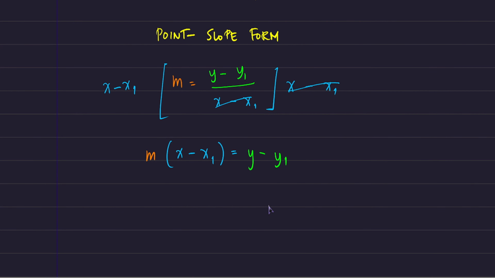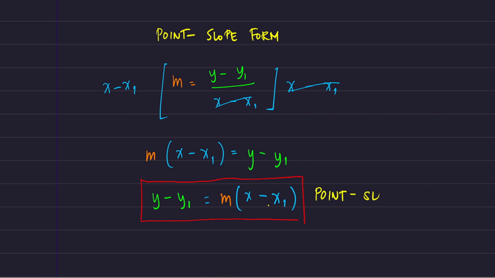If we are going to flip the left-hand side and the right-hand side, pagpapalitin natin, we have y minus y sub 1, and this is equal to m, which is the slope, multiplied by the quantity of x minus x sub 1. And this is the point slope form. Ginagamit ang point slope form kapag tayo ay naghahanap ng equation of a line using 2 points.